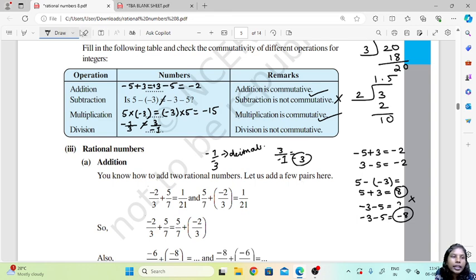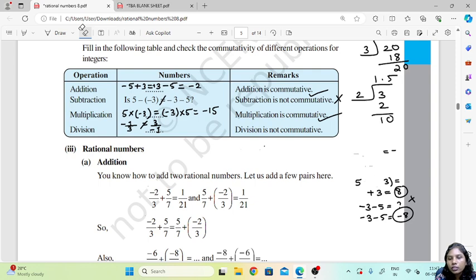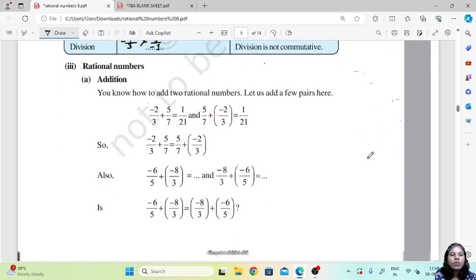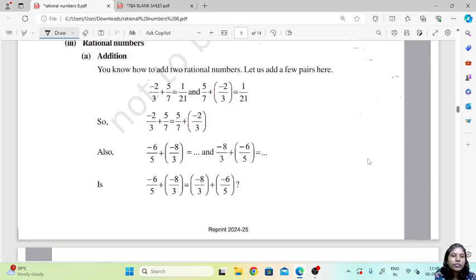Now let's go ahead and look at the rational numbers. Check for commutative property for rational numbers. Okay, so now let's start with addition. In the first example, we have minus 2 upon 3 plus 5 upon 7.